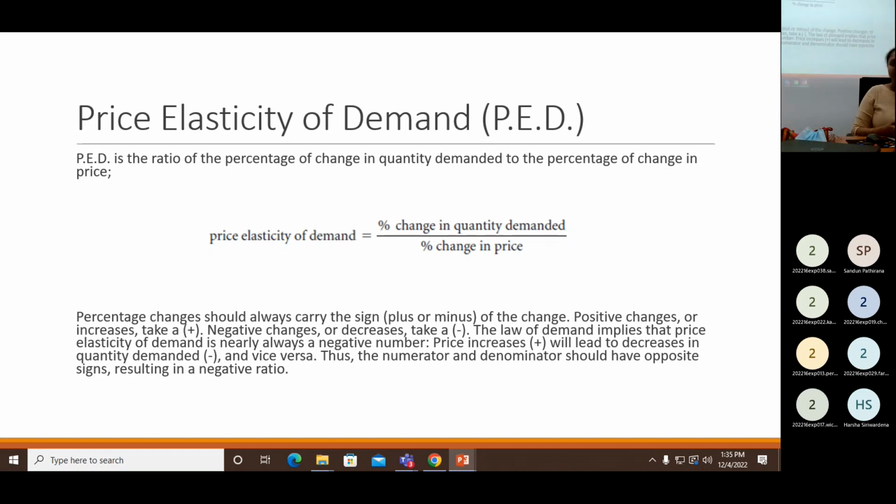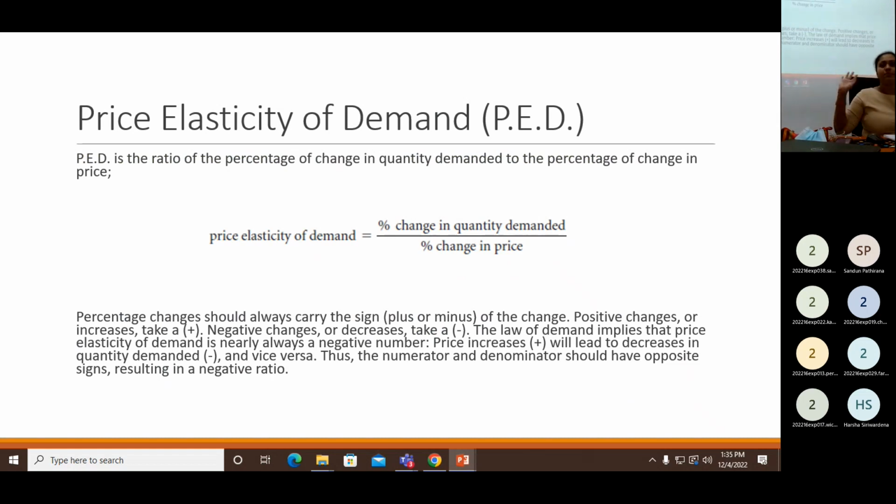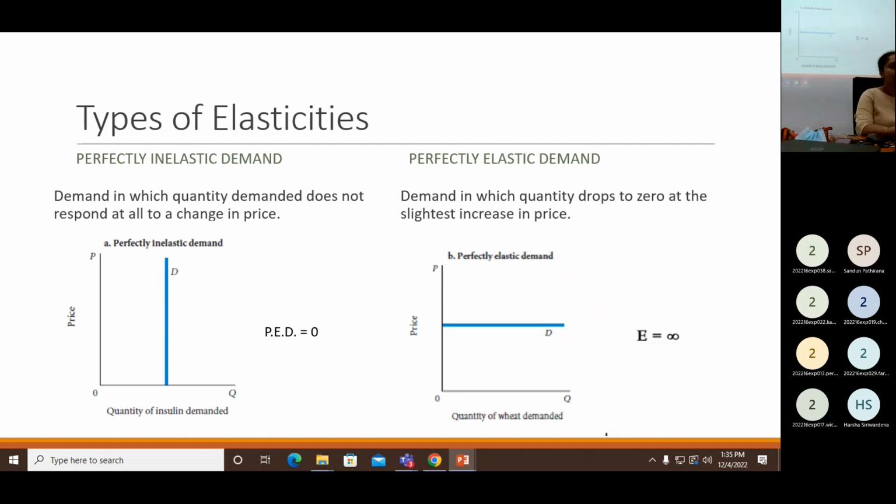Okay, did you understand that? Is that clear? Okay, now that is about PED, price elasticity of demand. Keep that in your mind. We will come to it later.